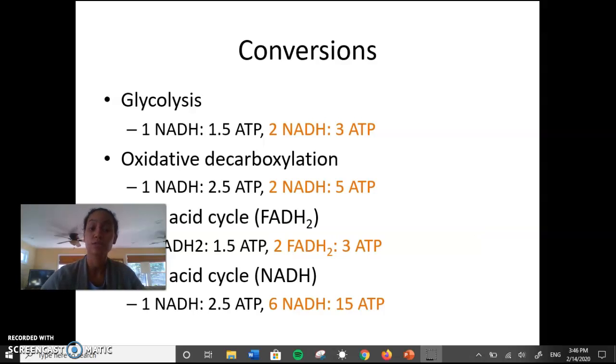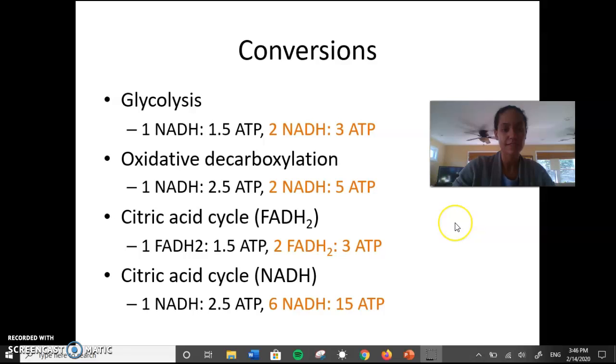So when we double it, for every 2 NADH, 5 ATP will be formed. Then, in the citric acid cycle with FADH2, for every 1 FADH2, 1.5 ATP is formed. So when we double, for every 2 FADH2, 3 ATP are formed.